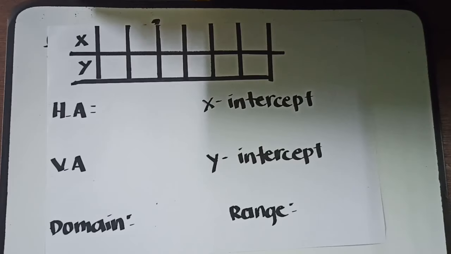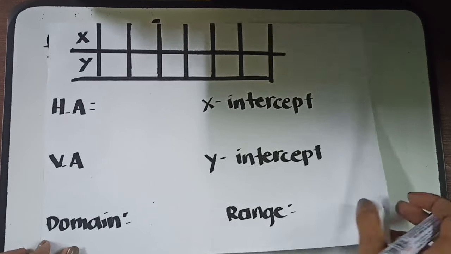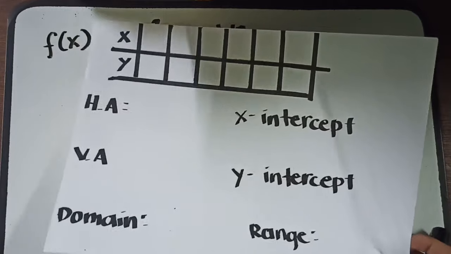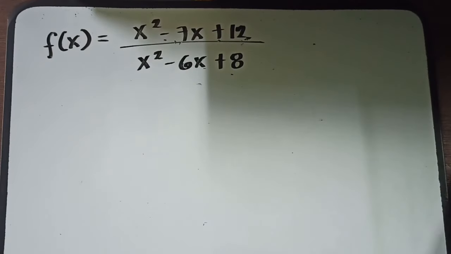So let's try to solve for the horizontal asymptote. Okay, so again, sa paghahanap ng horizontal asymptote, you need to consider the degree and consider the three conditions. So what are those three conditions?